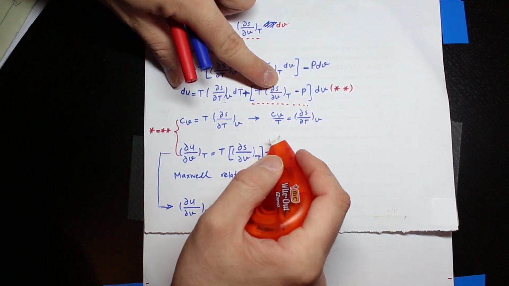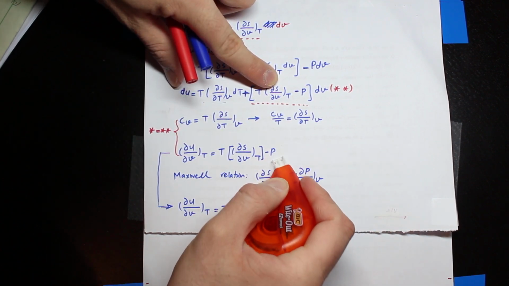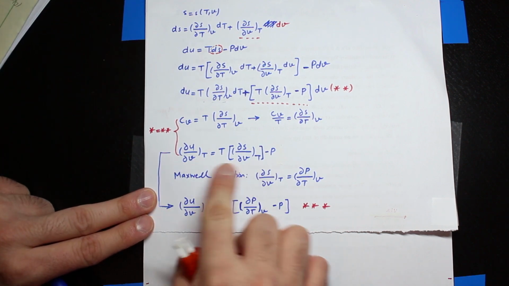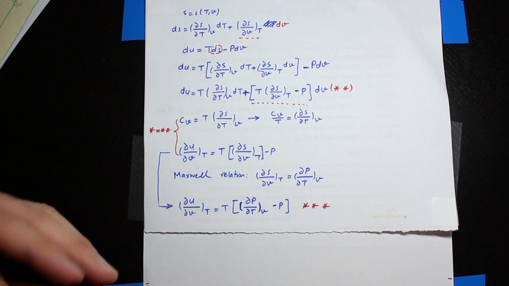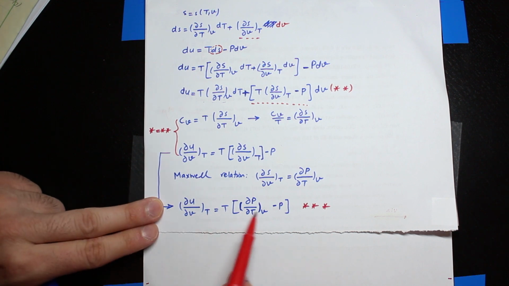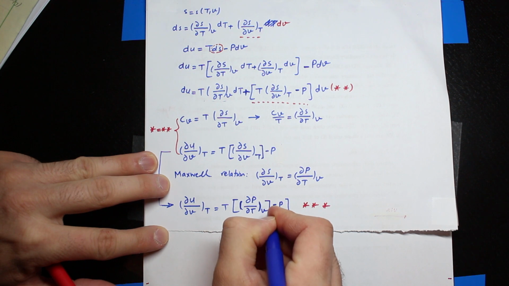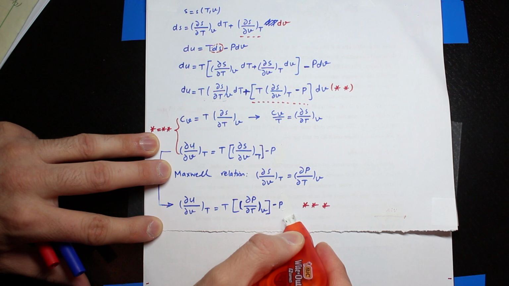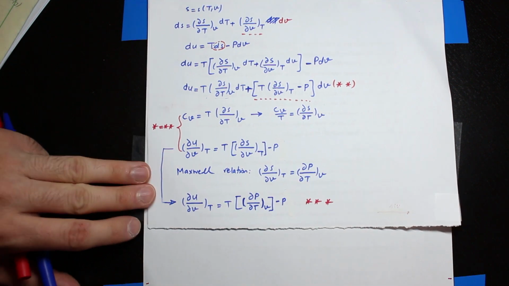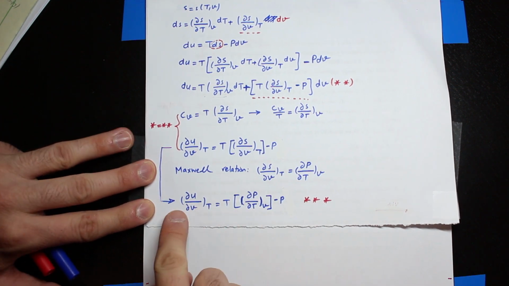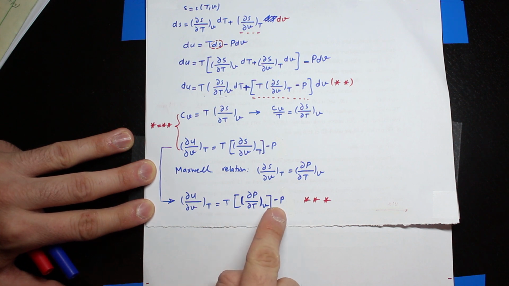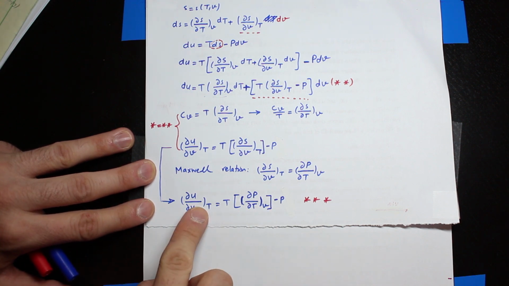This needs to be corrected. Sorry about that. Correct your notes, and make sure you have this right. I need to have T only multiplied by this. Now this is the correct form: temperature is only multiplied by the first term, not the pressure. So pressure is outside of the bracket.